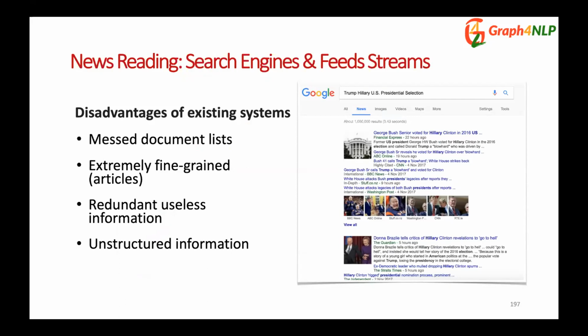Each item is a fine-grained article talking about some event reported by a specific media outlet. They may contain redundant information because they may report the same things from different perspectives, and they're unstructured because they are a list without any relationship between them.